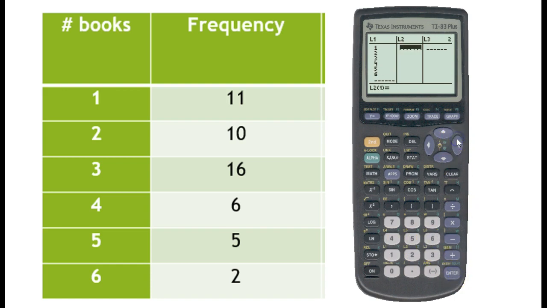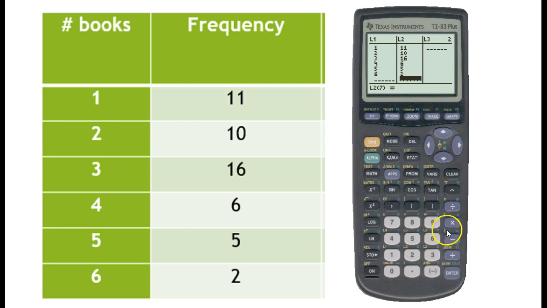Then we are going to arrow over to list 2, which is going to be our frequencies. So 11, hit enter, 10, 16, 6, 5, and 2. Okay, now we have our data in.